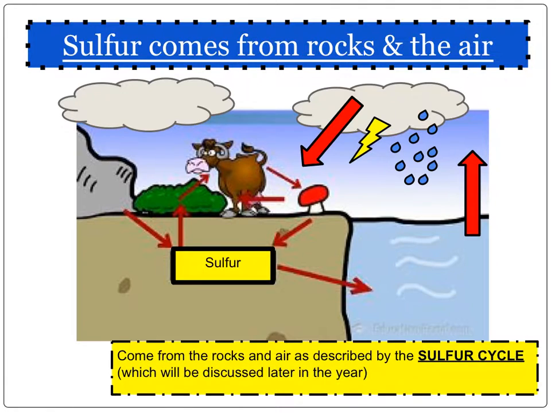The answer is that sulfur, similar to phosphorus, is coming from the rocks, but similar to nitrogen, it is coming from the air as well, in something we call the sulfur cycle, which we'll once again discuss later in the year. But the sulfur can come from the rocks and be taken up by the roots, or the sulfur in the air can come down as raindrops and the plants can drink those compounds essentially.